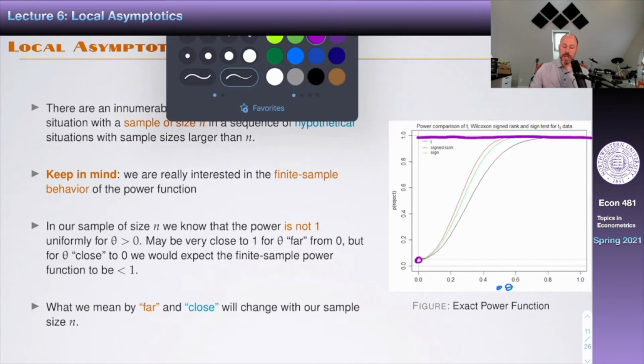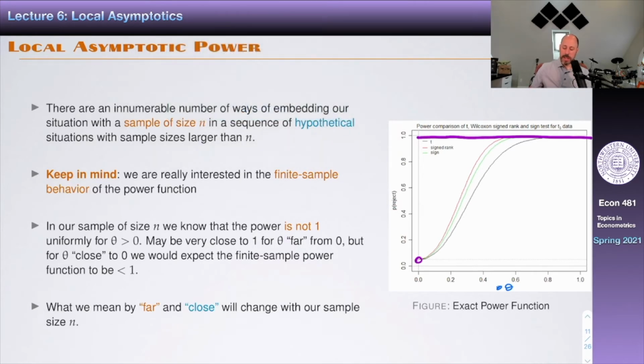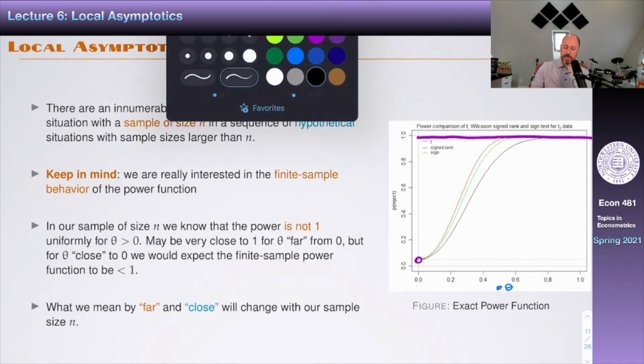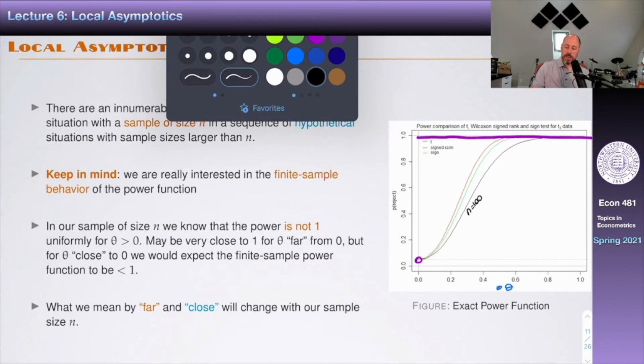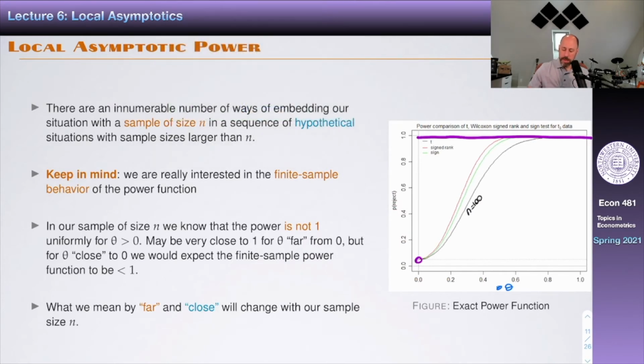So what is this approximation saying? It's just saying the following. If you take the t-test, which has this power curve here, and suppose that you increase the sample size. Let's say that this curve here for the t-test is n equal to 100. Suppose now that you have n equal to 1,000. Well, n equal to 1,000 will look like this.